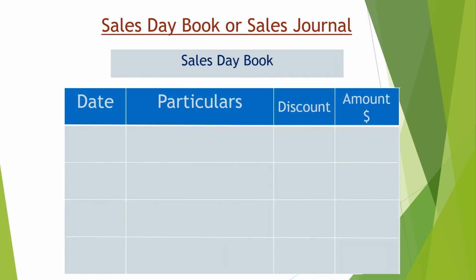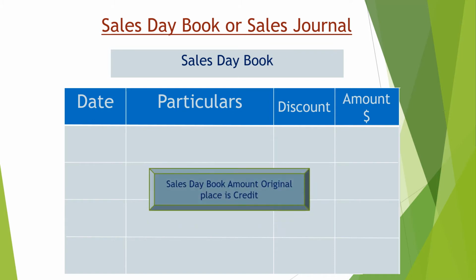Following is the specific format for this book. This is the format of the sales daybook. You can see the columns: date, particulars, discount, and amount. The point to be noted here is that the sales daybook original place is credit.